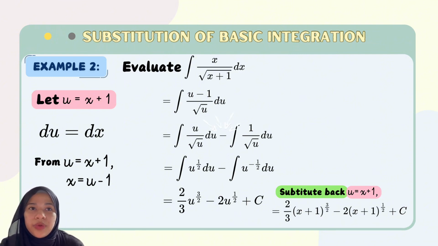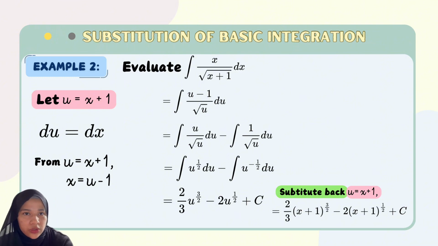Then we separate the u and minus 1. We get the integral of u over the square root of u du minus the integral of 1 over the square root of u du. Then we turn it into a simpler form, which is the integral of u to the power of 1 over 2 du minus the integral of u to the power of negative 1 over 2 du.